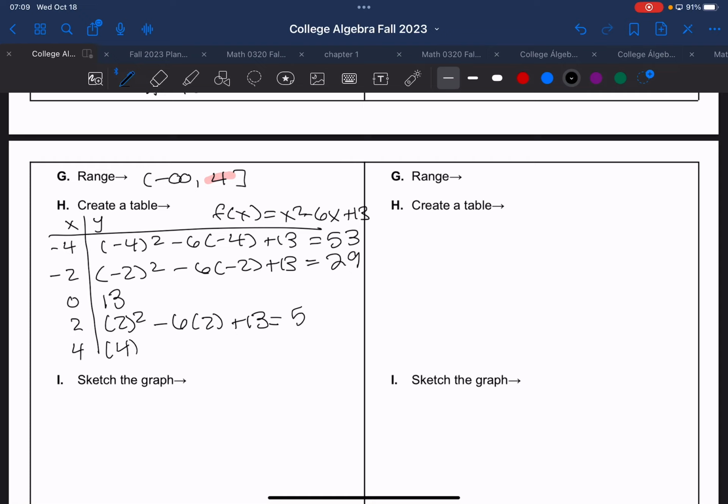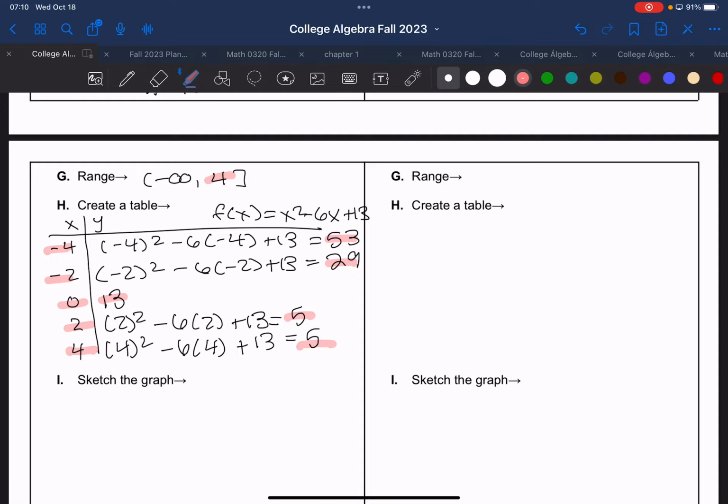And then lastly, I'm plugging in 4, and I get 5. Okay. So remember, these are all points: (-4, 53), (-2, 29), (0, 13), (2, 5), and (4, 5).